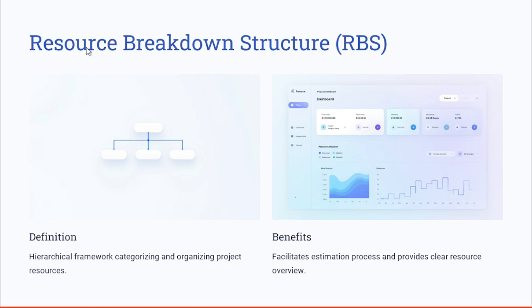Now let's see the resource breakdown structure, or the RBS. The resource breakdown structure, or RBS, is a hierarchical tool that organizes and categorizes all of the resources required for the project.